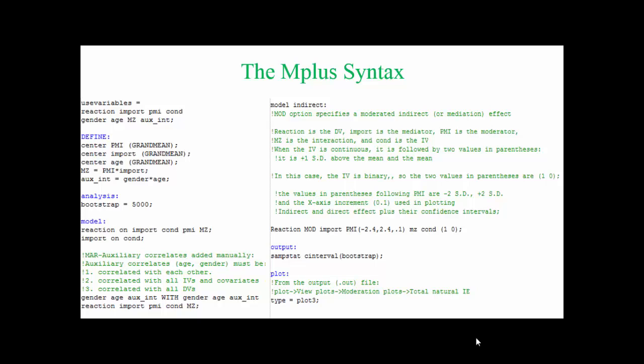So like it says, ordinarily when the IV is continuous, the values would be 1 standard deviation or 2 standard deviations above the mean and the mean. But since condition's binary, it's 1 and 0. I want confidence intervals for my bootstrap test of mediation. But here's where we're going to go. Put a big star by this information here.